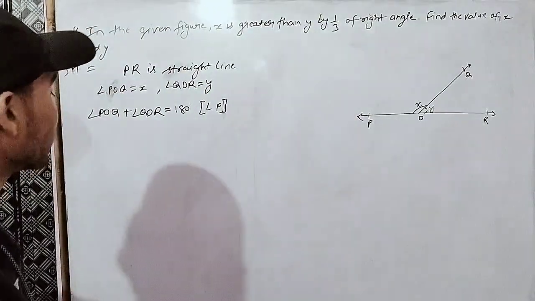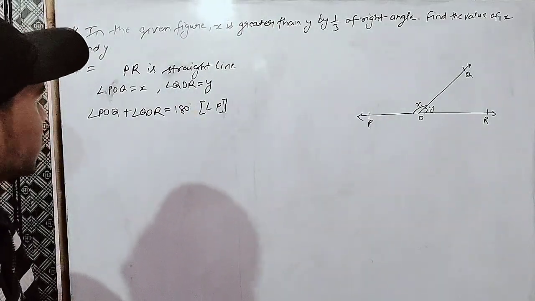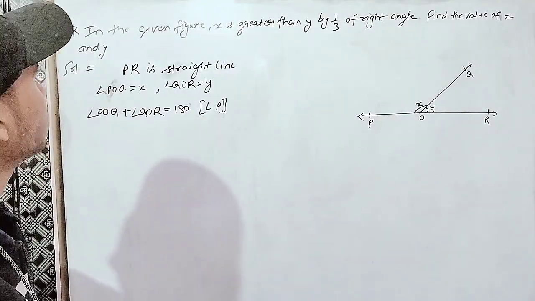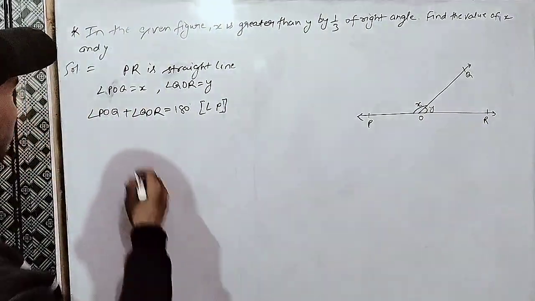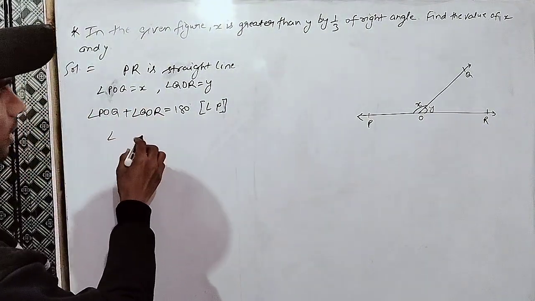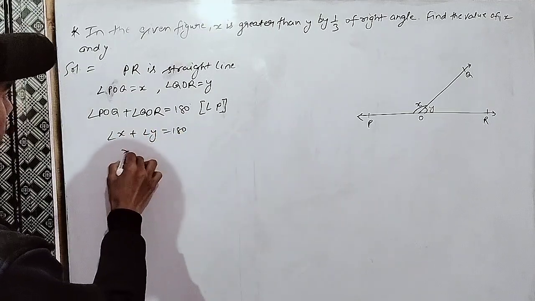Next step. What would be the next step? According to this, it can be written as angle x plus angle y is 180.